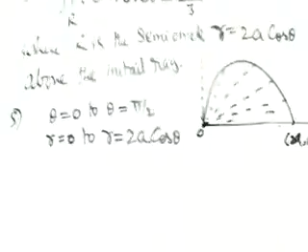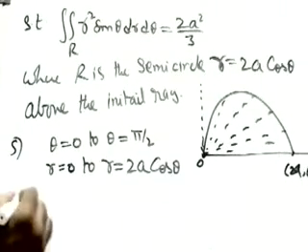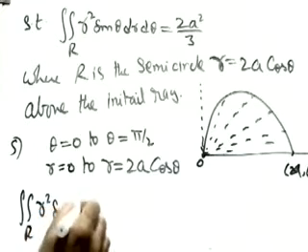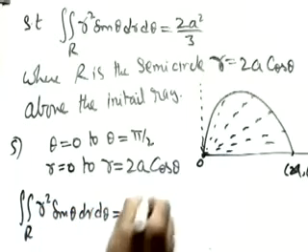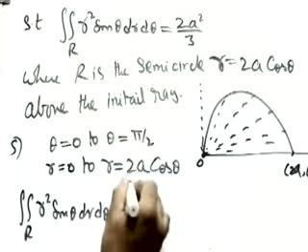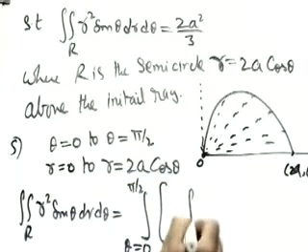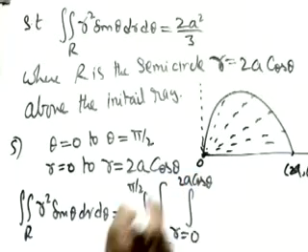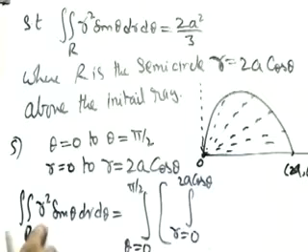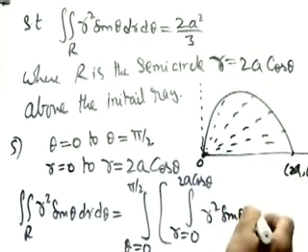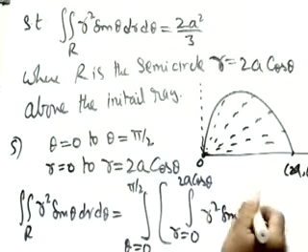First we write the constant limits. Now let me change the question. Double integration r square sine theta dr d theta. Theta equals 0 to pi by 2, and r equals 0 to 2a cos theta. Now what is the question here? R square sine theta d.